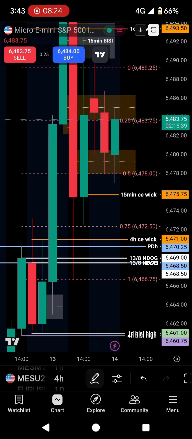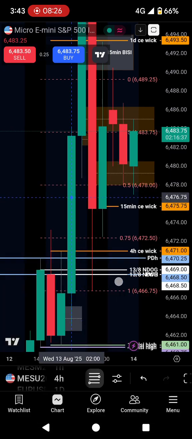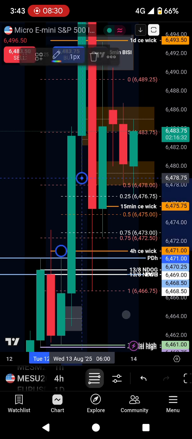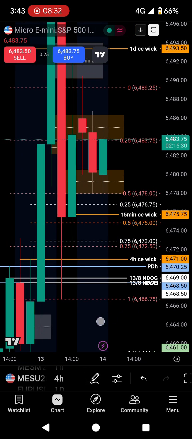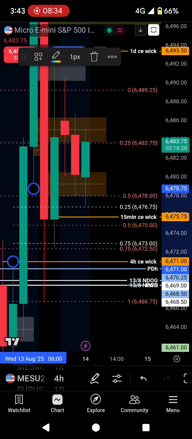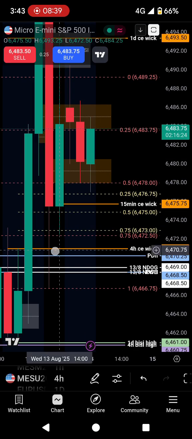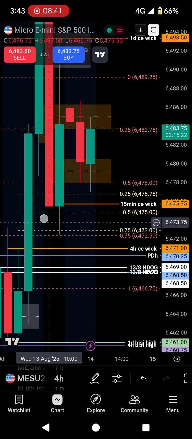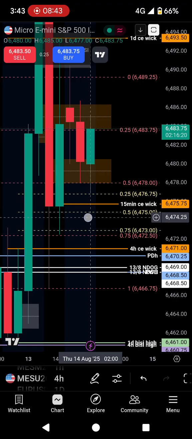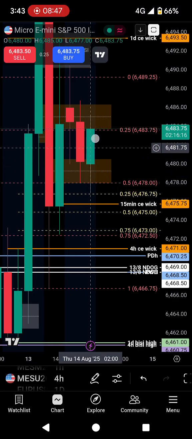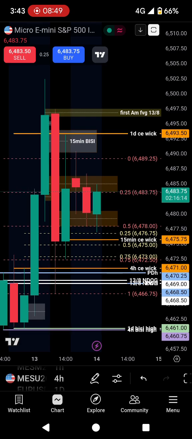Let's draw the BC here and make all the color yellow only, easier to see. You can see bodies respecting above the CE of this 4 hour BC. Then once again we trace back to the lower quadrant of it and go back higher. The upside target is this daily CE wick.